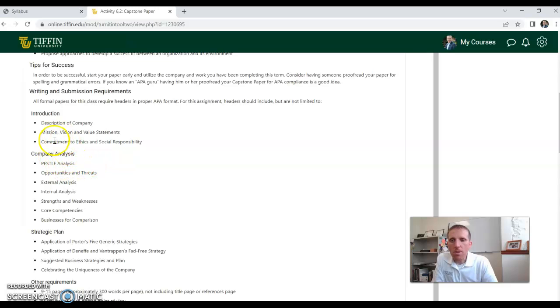The requirements are that we have our introduction, the company, the mission, the vision, the values, commitments to ethics and social responsibility. And then we get into our analysis phase, where we're going to report and share out the PESTEL analysis that we completed, opportunities and threats, external, internal, strengths and weaknesses, core competencies, which is this week's content, and businesses for comparison, which is next week's.